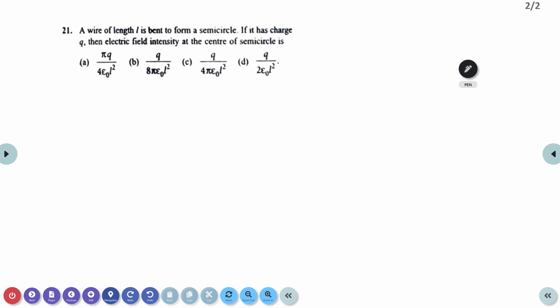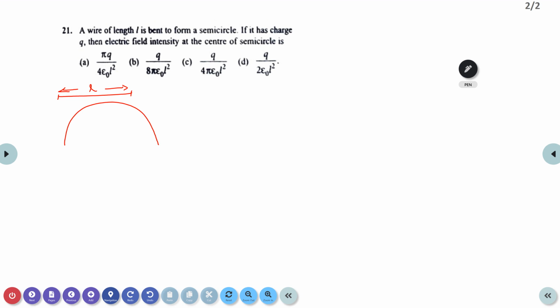C. Yeah. Next one: a wire of length L is bent in the form of a circle. This is the wire of length L, bent in the form of a semicircle, like this.